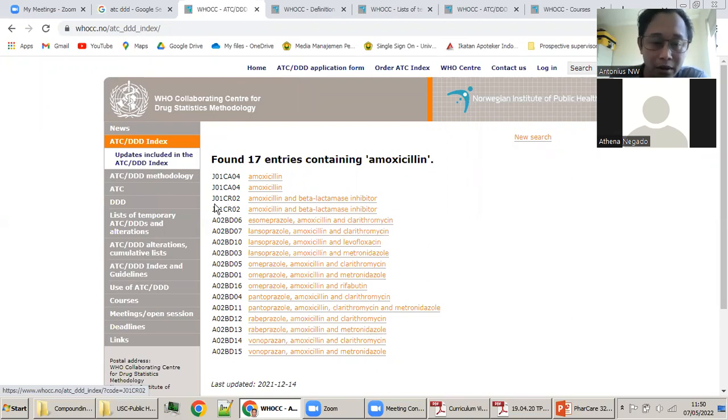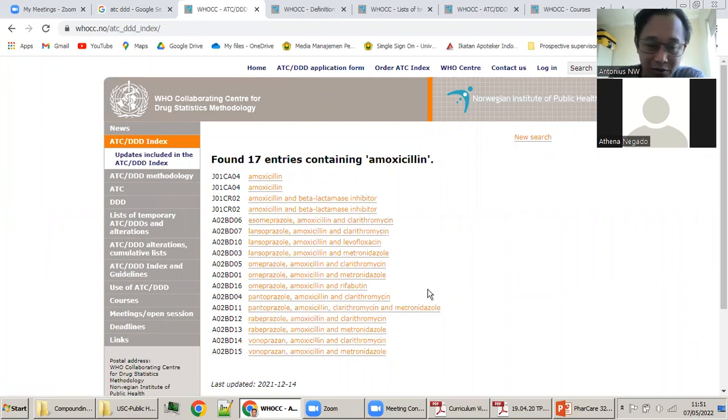The J is for the class of anti-infectives, anti-infective agents. This one is with beta-lactamase inhibitors, and for this A, they are used for gastrointestinal complaints. So you can learn pharmacology from the ATC as well.